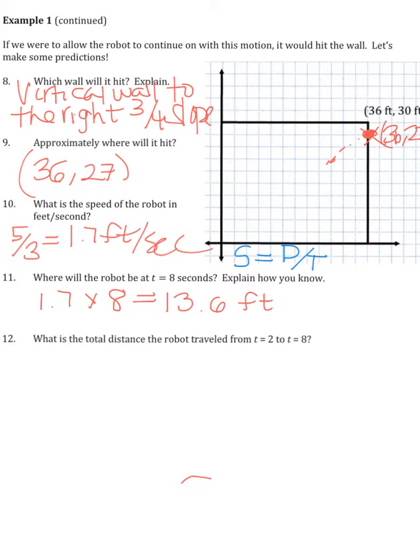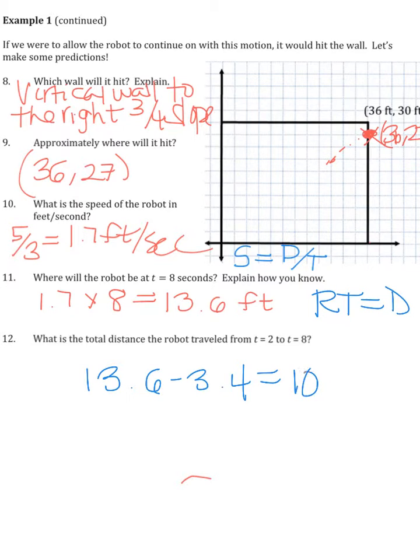The formula for that is rate times time is equal to distance. And the total distance the robot traveled from t equals 2 to t equals 8 is 13.6 minus 3.4, and that's a difference of 10.2 feet.